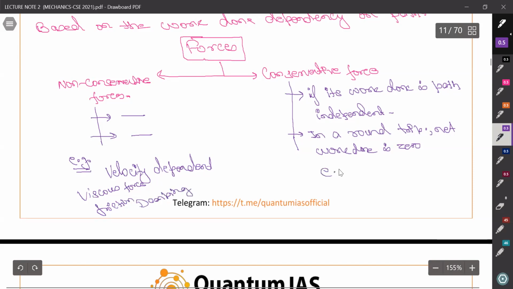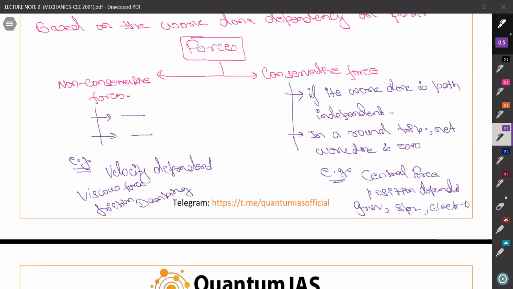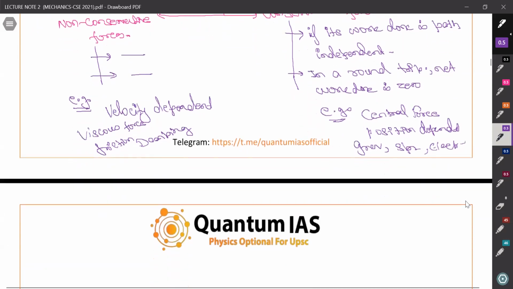And here you can write the central forces, position dependent. For example, gravitational, spring, electrostatic forces, right? So you can use all of these things. Okay, we will come to the mathematical conclusion part also, but from here we can define it like this only.